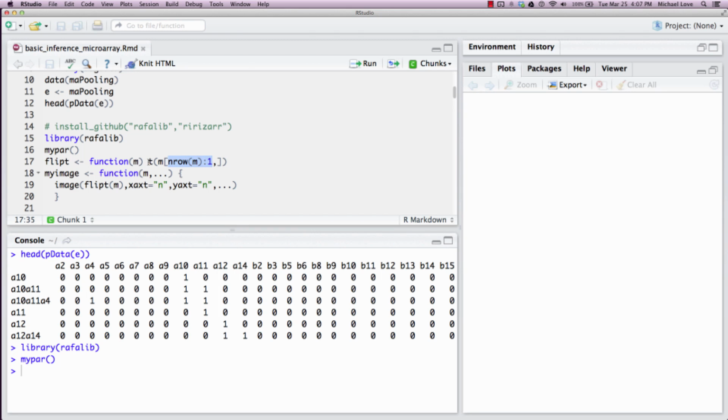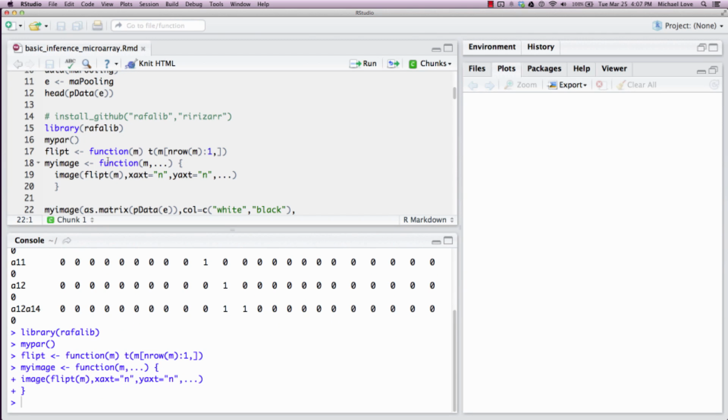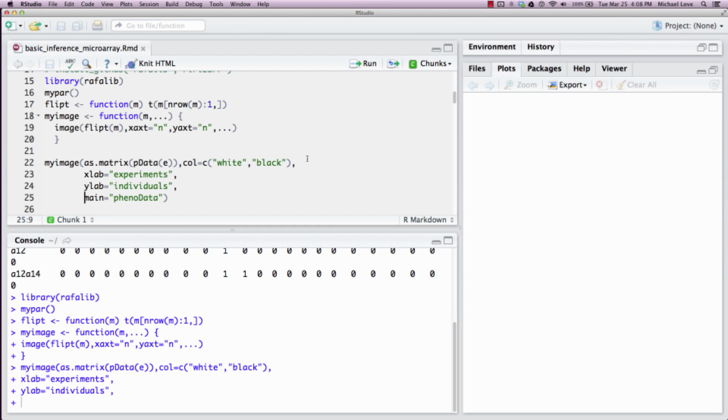So I'm building this function myImage, and I'm going to first define a function flip and transpose, flip t. And the reason is that if you use the image function on a matrix, it'll show a picture of that matrix, but it'll be flipped around.